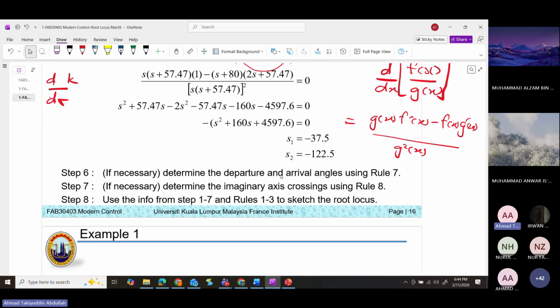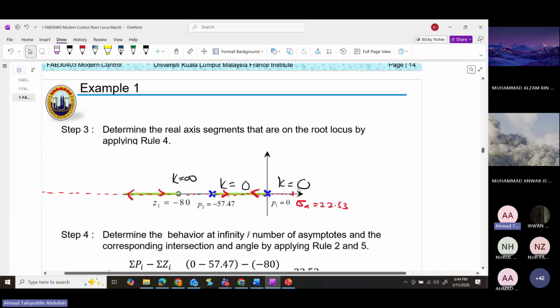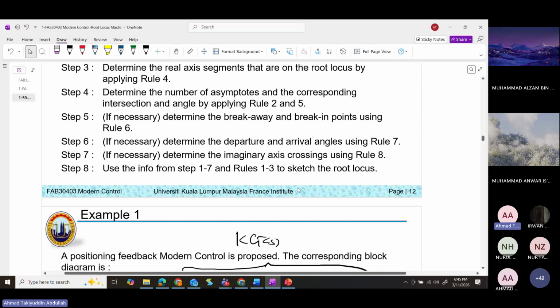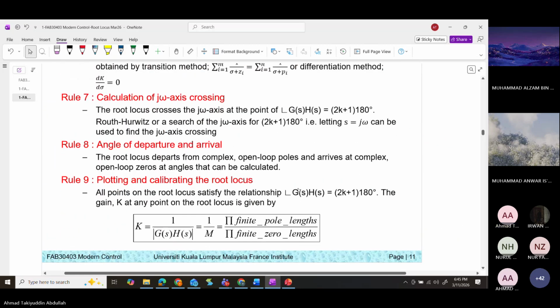But right before that, let's look at the general definition of rule number 7 and 8. So calculation of the j omega axis crossing is the consideration of where the root locus crosses the j omega axis.